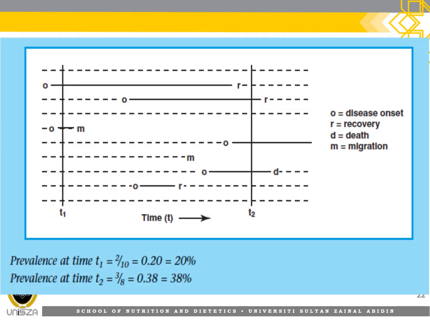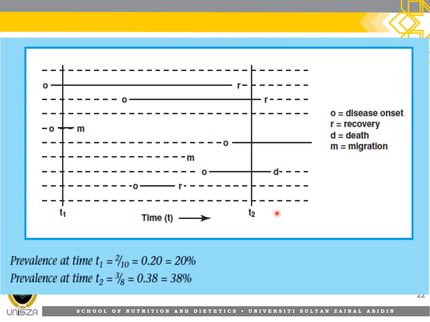So this figure shows the patients and also the status of the disease. The horizontal line here represents one patient. So we have 1, 2, 3, 4, 5, 6, 7, 8, 9, 10.